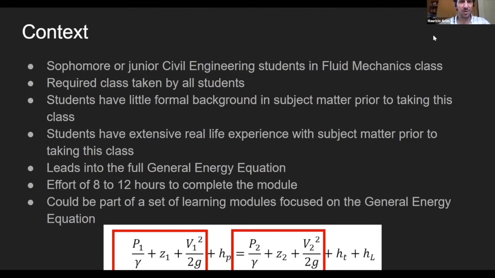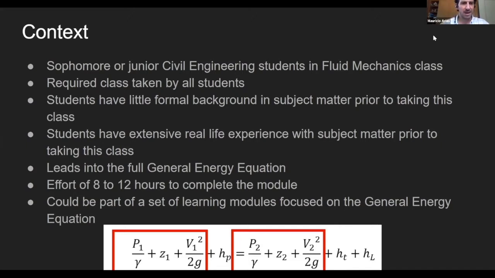So we decided to focus on that aspect now, and the idea is that eventually we can develop further modules on the content that needs to go before, to completely learn everything you need to apply the Bernoulli equation, and then follow up on the general energy equation.